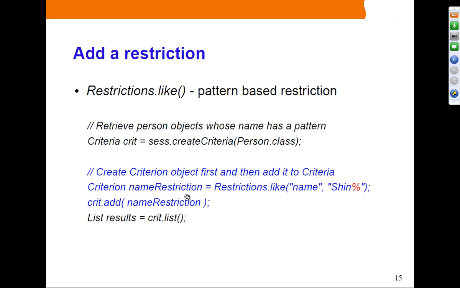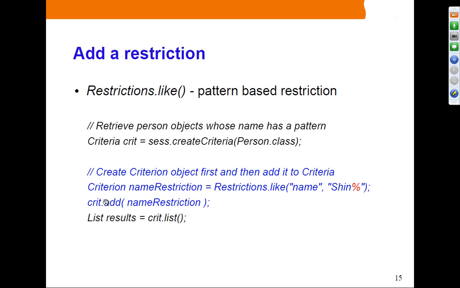Okay, so this is an example. Here you first create the criteria object, and then you call Restrictions.like, which is going to return a criterion object. So basically the name is a pattern of Shin and whatever after that.